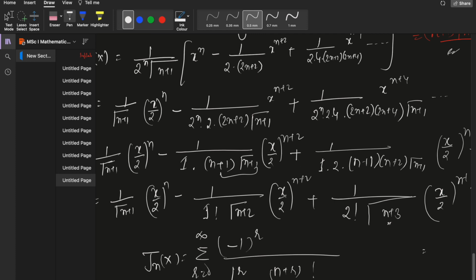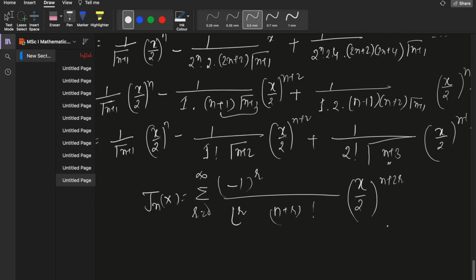Then, let me erase this. Now the remaining quantity is x upon 2 to the power n plus 2r, because the first term is n, then after that n plus 2, then n plus 4. So this is going to be n plus 2r.